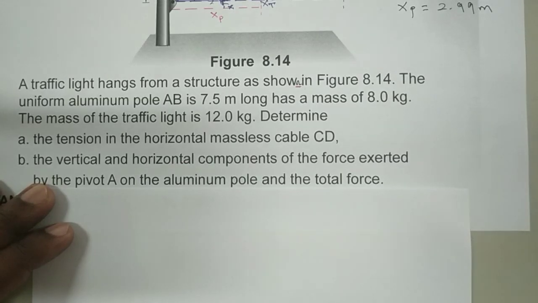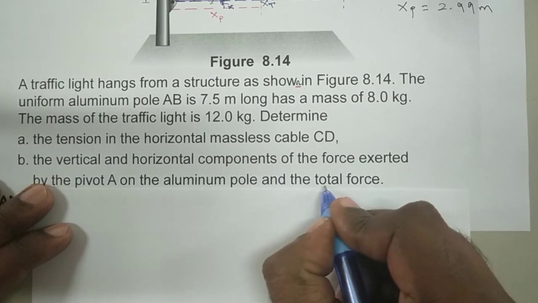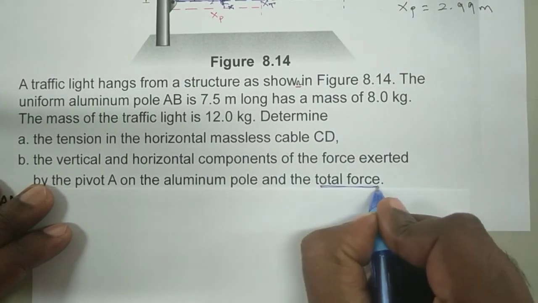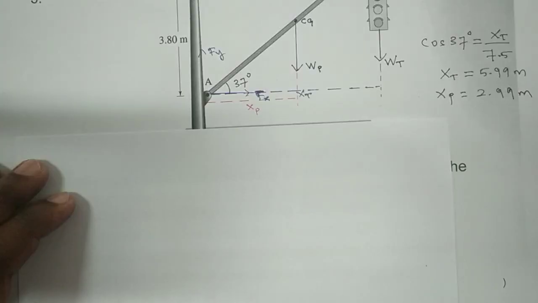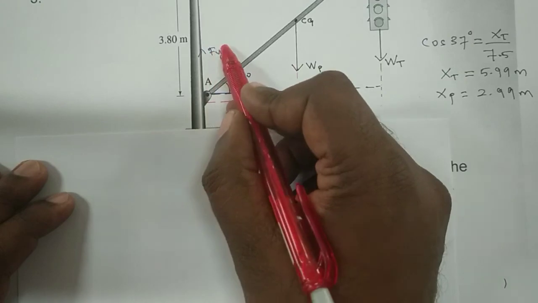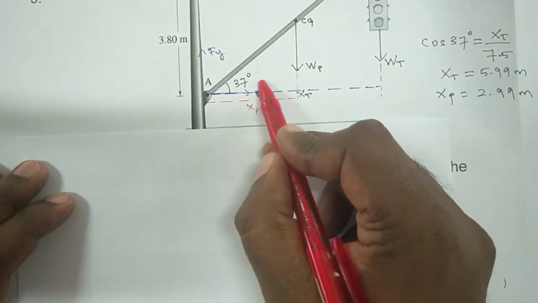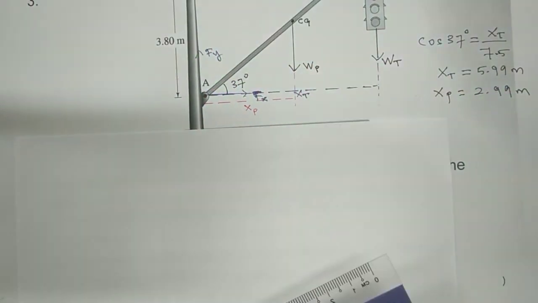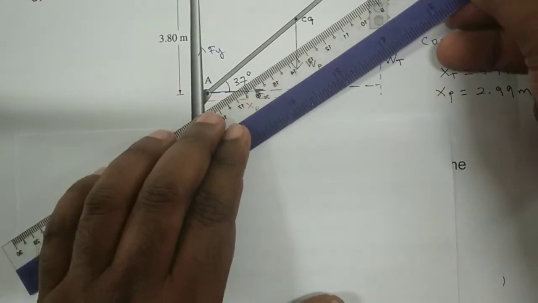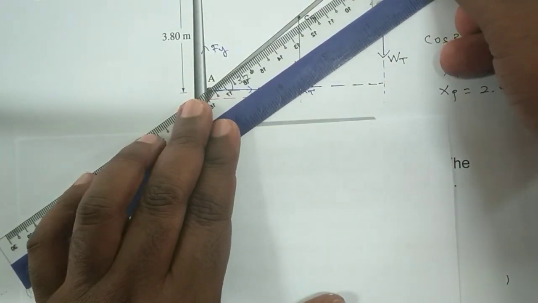The last part is about total force. The total force is the resultant force which is acting between Fy and Fx. So this is going to be the resultant force.